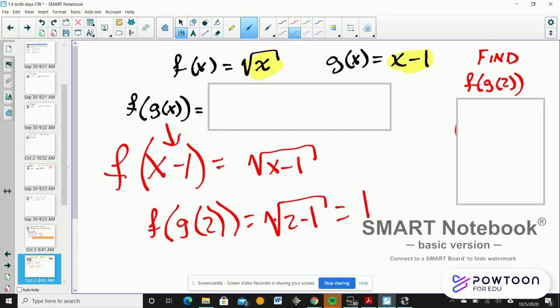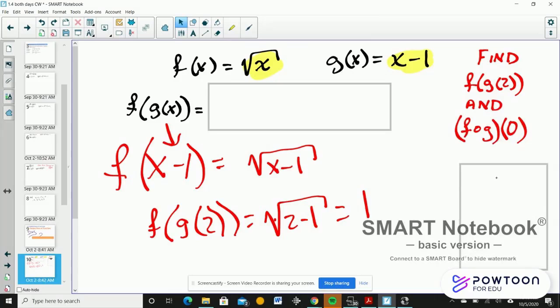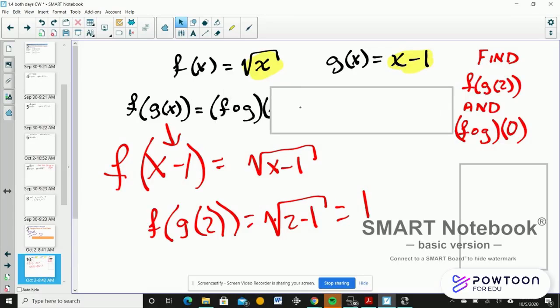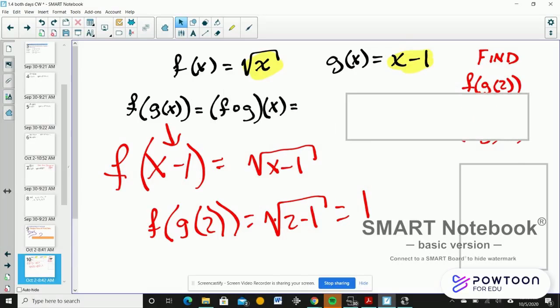And if we needed to find f of g at 0, as you can see, this was a different way of writing this problem. There's a shortcut for f of g of x, and that would be writing it in this manner. I always call it fog, but it's f of g of.